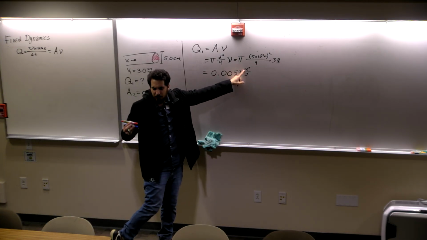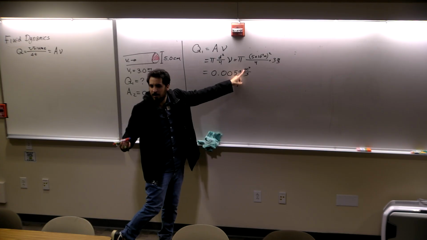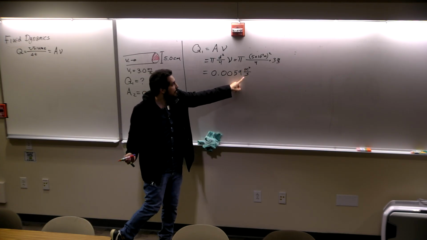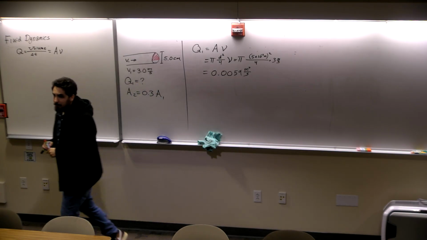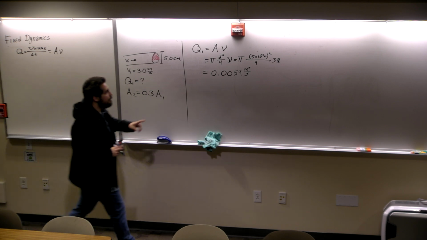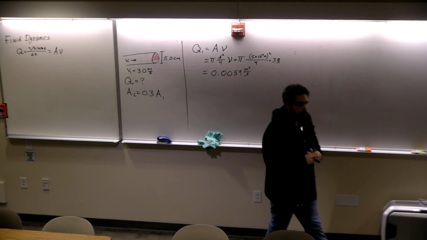Can we fill up a meter cubed container of water in a second with a garden hose? Probably not. So the answer is, yeah, we should expect this to be a small number because meter cubed is a large value for volume, and seconds is a relatively small amount of time. So we should expect a small number if we are in units of meters cubed per second, absolutely.